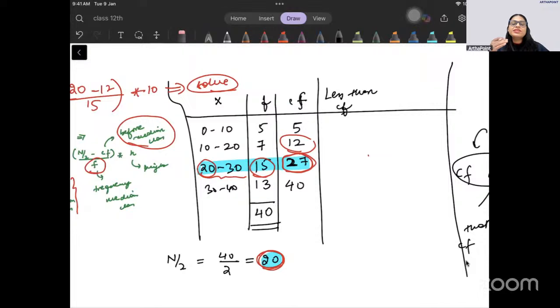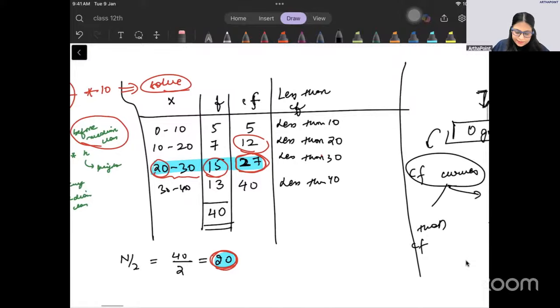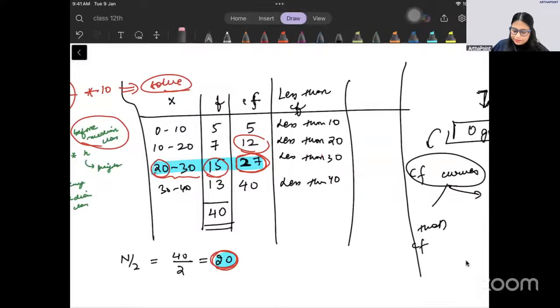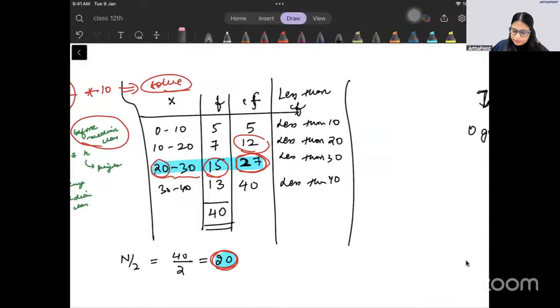Less than CF means less than 10, less than 20, less than 30, less than 40. Less than 10 में कितना frequency है? How many are less than 10? Only 5? How many are less than 20?